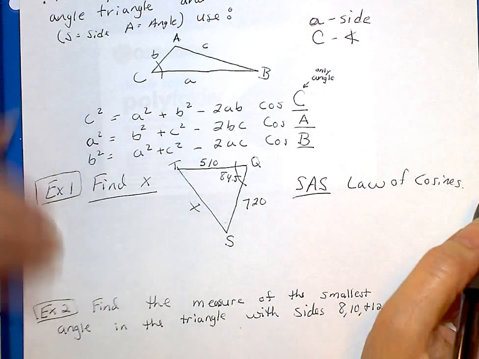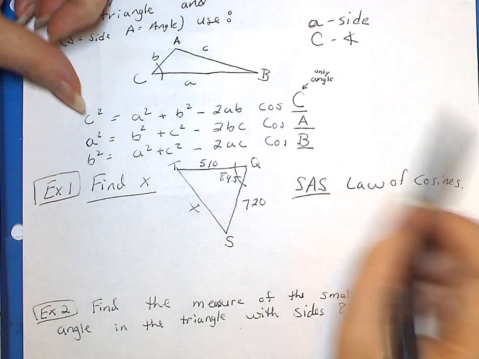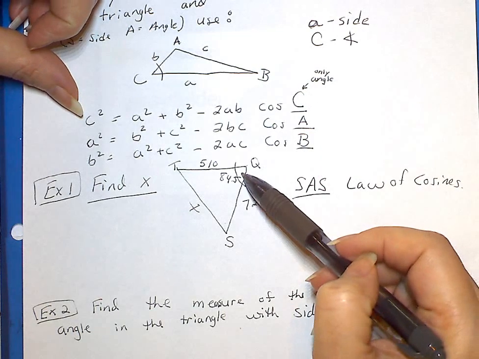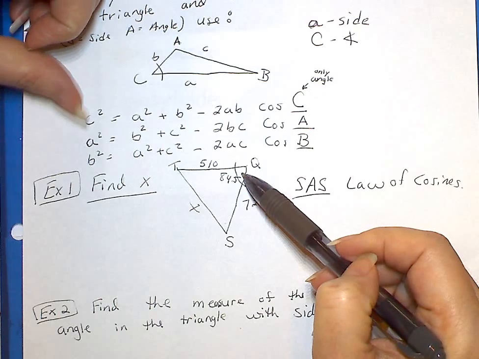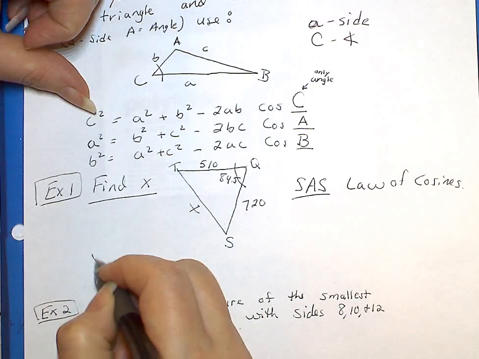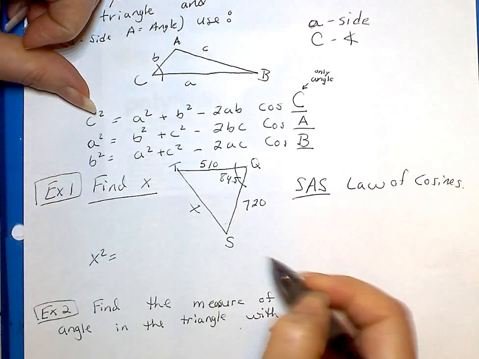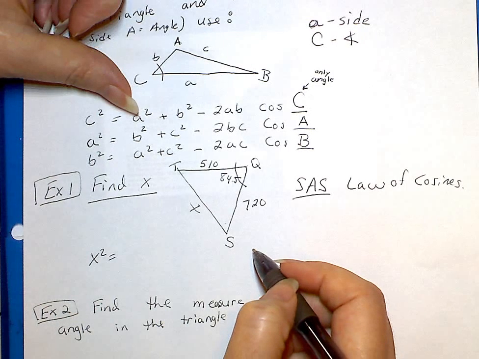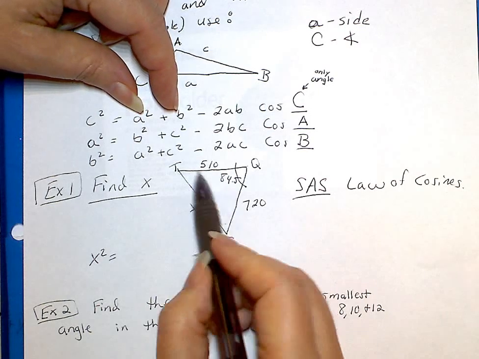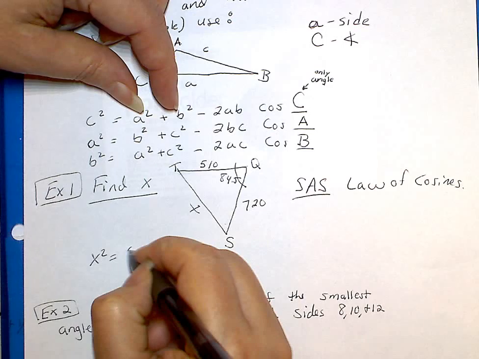So when you're given a side, an angle, and a side, you can use the law of cosines. We have to find the angle that we're using. We're going to be using this one. Across from that is the side that's going to be on the outside. So that's my x. So I have x squared is equal to, now it says to square the sides and add them together. So I'm going to go 510 squared.